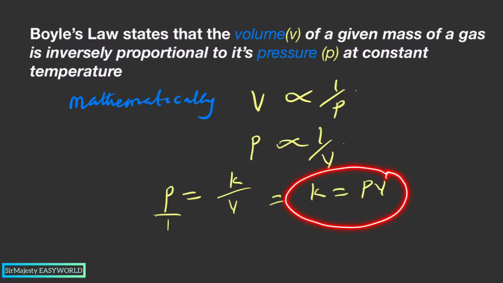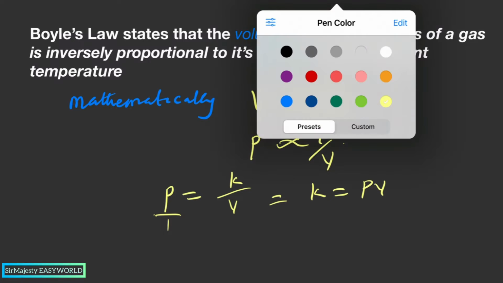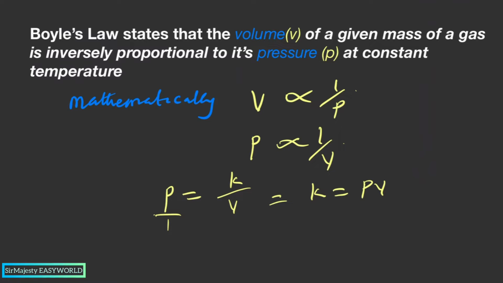So in that aspect, Boyle's law is telling us that anytime P is increasing, it is obvious that V will be decreasing, and that is the inverse proportion.